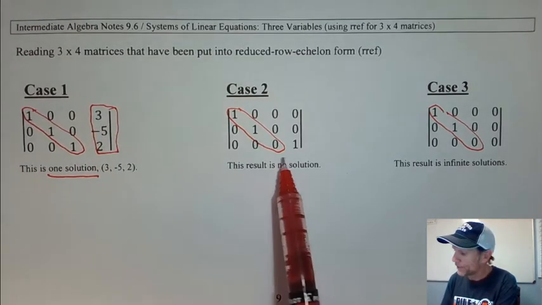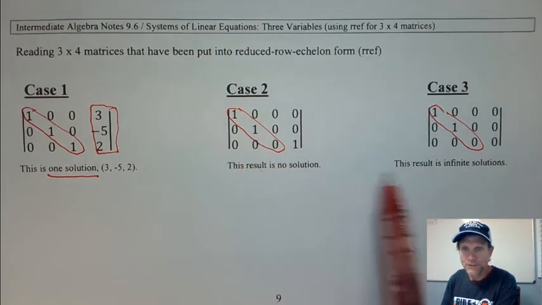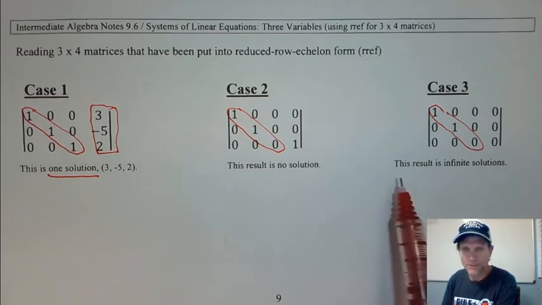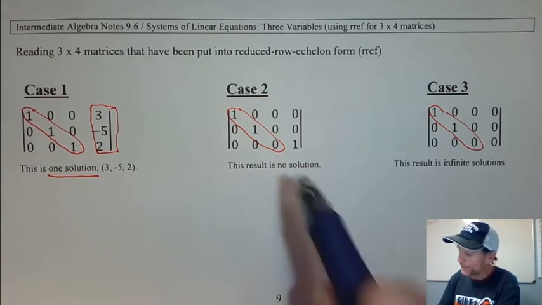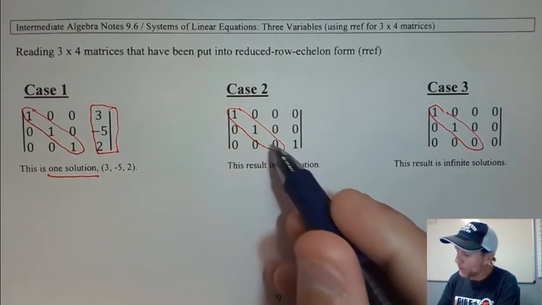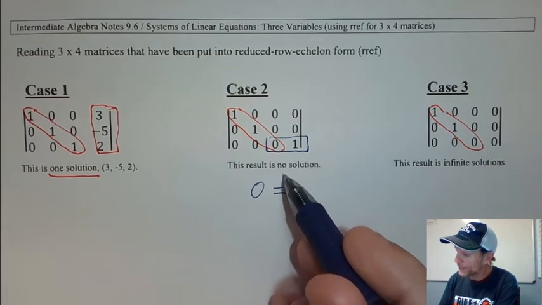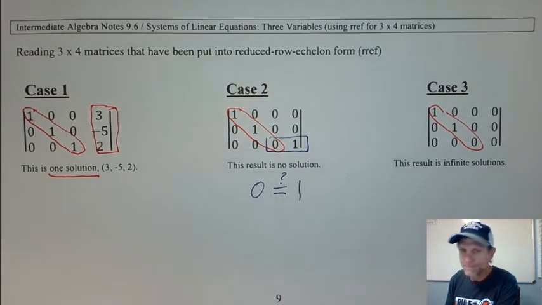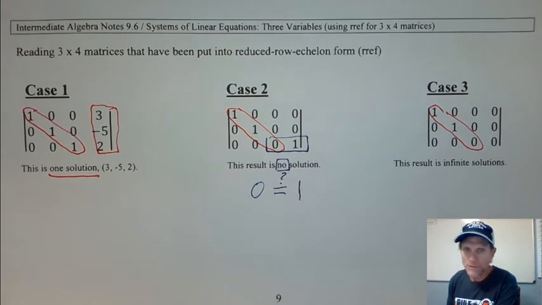Okay. Now, if I don't get the 1, 1, 1, there's 2 cases. And it's very similar to the 2 by 3 matrix. Since I don't see the triple ones, I look down here and I say to myself, hey, does 0 equal 1? Okay, and the answer to that is no. No solution.